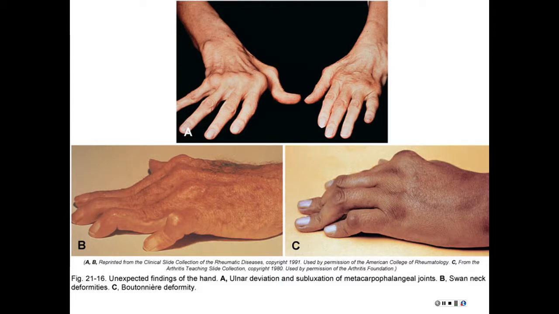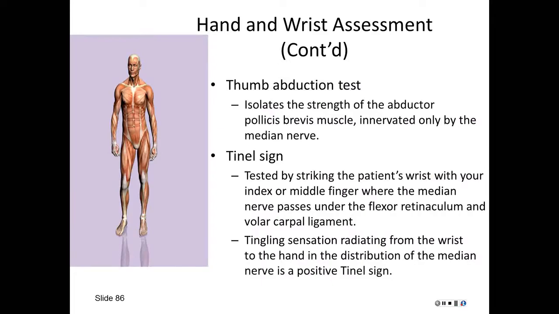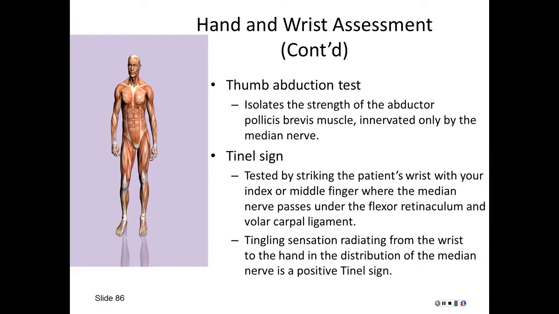And C is boutonniere deformity, which we've already talked about, but this was just another picture to show you. Now the thumb adduction test: you look at the strength of the adductor of the thumb by pushing on the thumb with your thumb and seeing if they can push against you well.